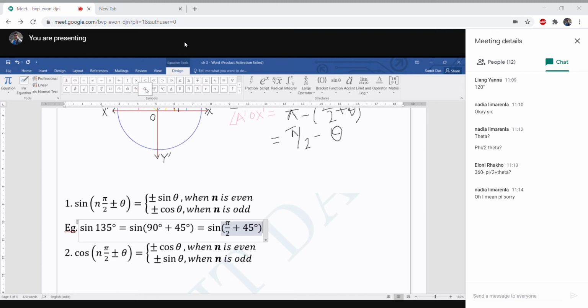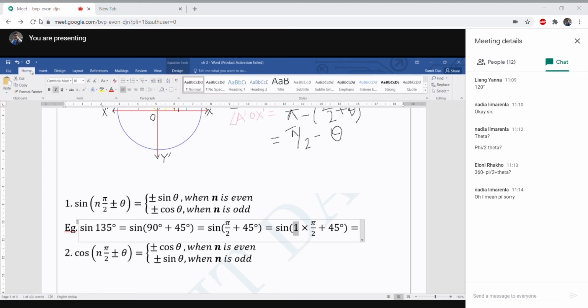Now next I can write sine 1 into pi by 2 plus 45 degree. Why am I writing like this? Look, sine pi by 2, nothing multiplied means 1 multiplied, right? So what is the value of n here?